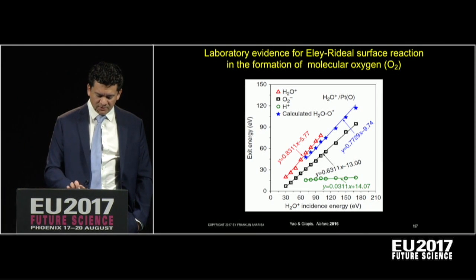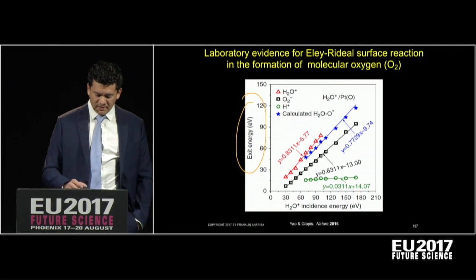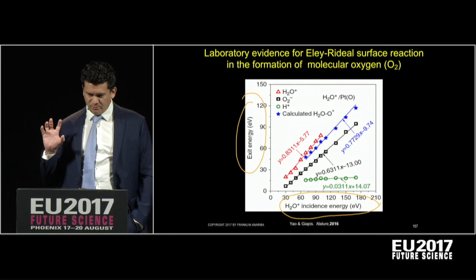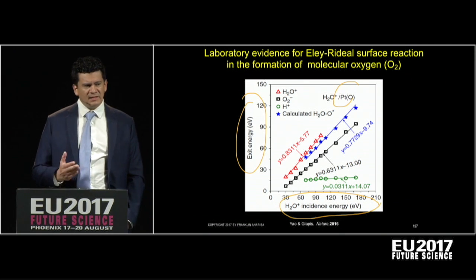And here's the evidence shown. Again, this is the energy of the incoming particles that are being detected by mass spectrometer. Here is the amount of energy you put in the particle hitting the surface. Again, the surface in this case is platinum with oxygen. So as you can see in the lab, this is idealized.